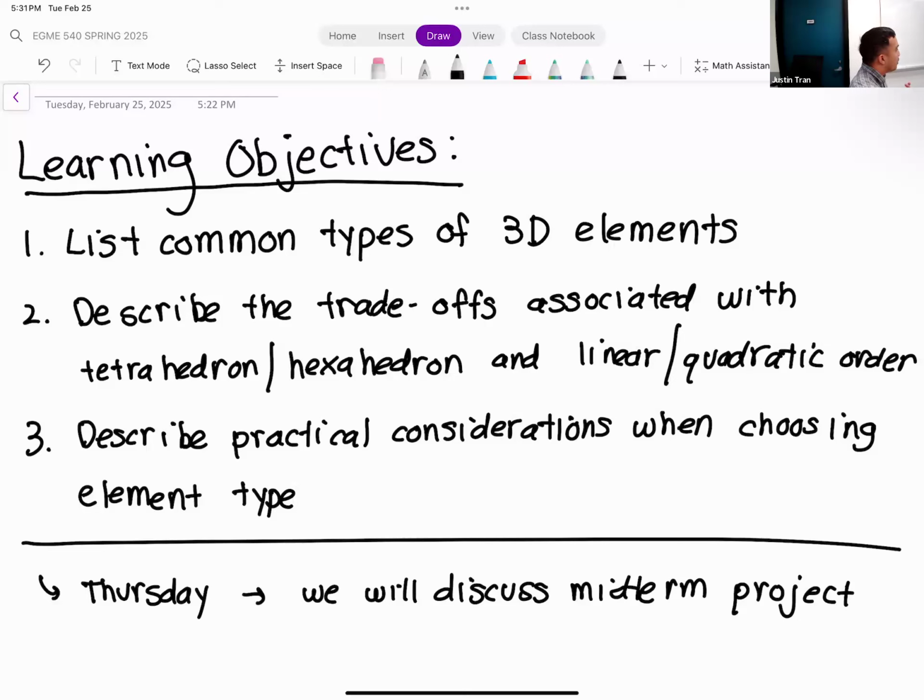So you'll be thinking about what are the quantities I want to look for, what are the settings for the mesh that you want to apply, what are the boundary conditions you want to apply, and provide justifications for all of these things. Okay, so it's what a very typical finite element study would be like if you were to do one in industry. But I'm still preparing the geometries. I'm still preparing the specifications. So we'll talk about that on Thursday.